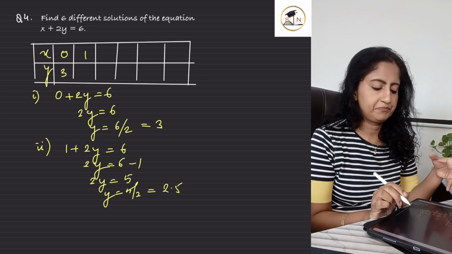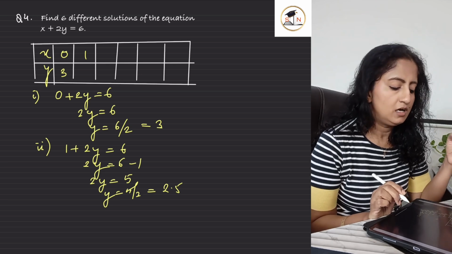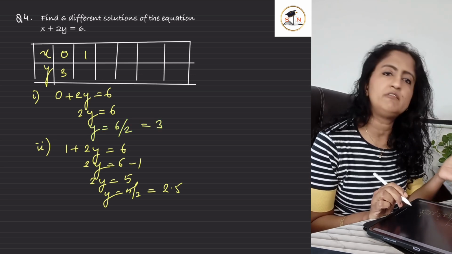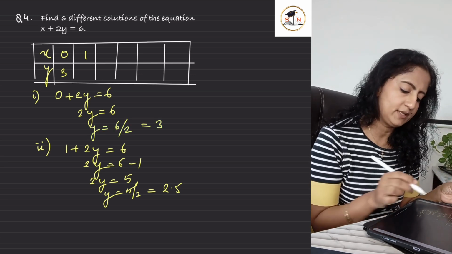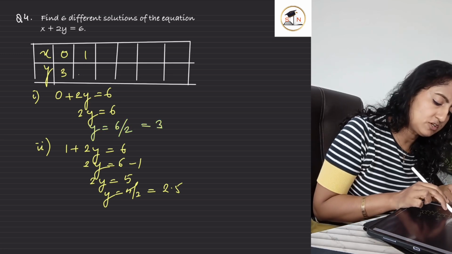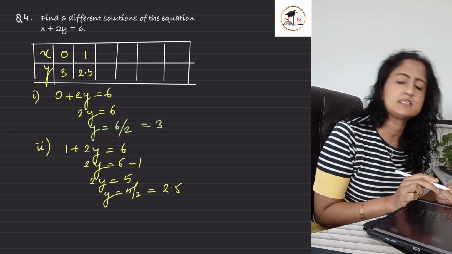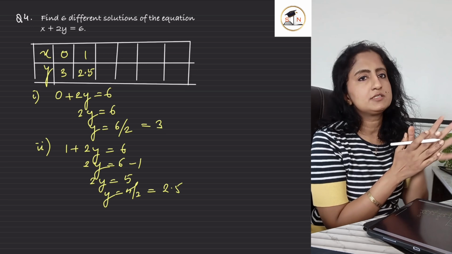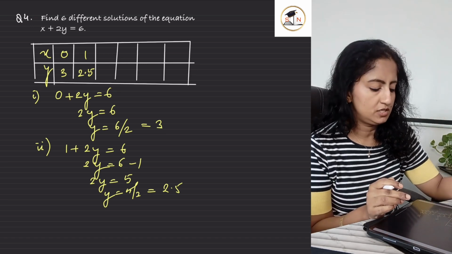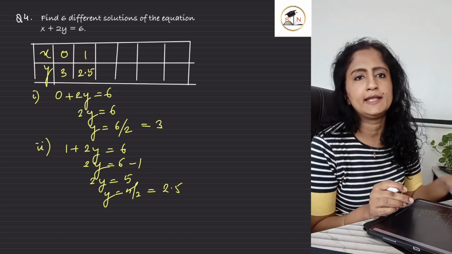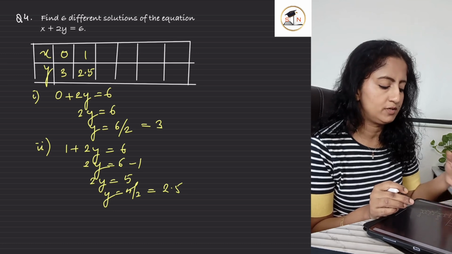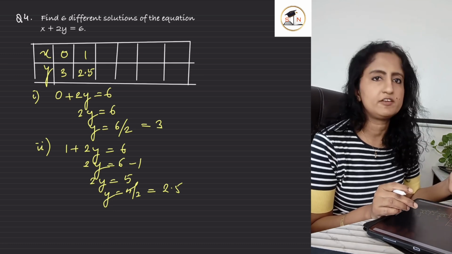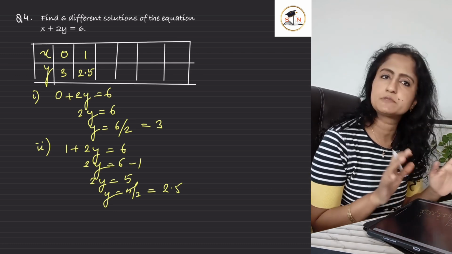So see over here, though I had taken an integer value for x, the value of y that I got after solving is a decimal. So that's absolutely fine. We can have various kinds of combinations because though x was an integer, y we got as a decimal, or you can convert that into a rational also, which was 5 by 2. So that is absolutely okay.